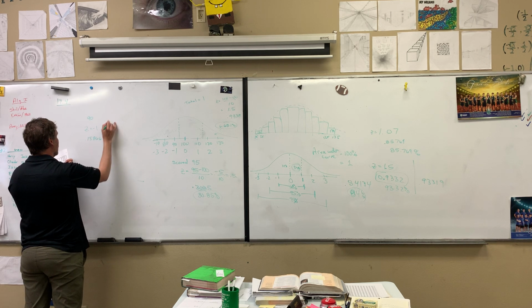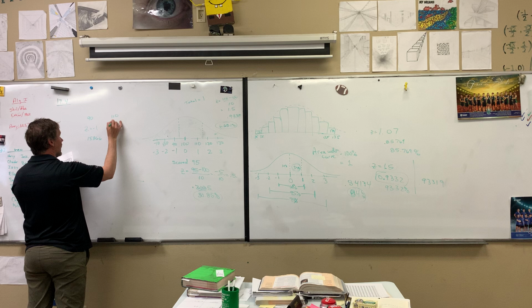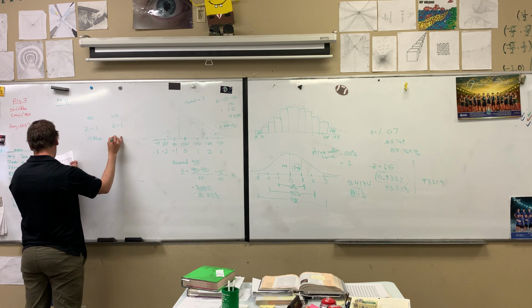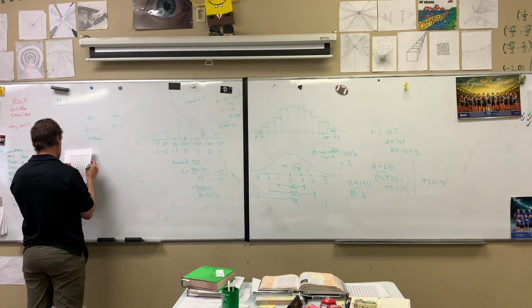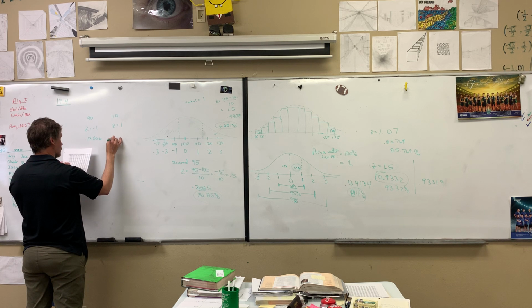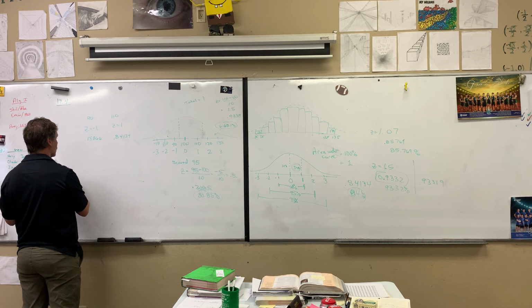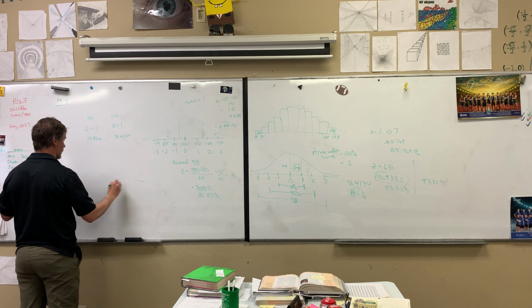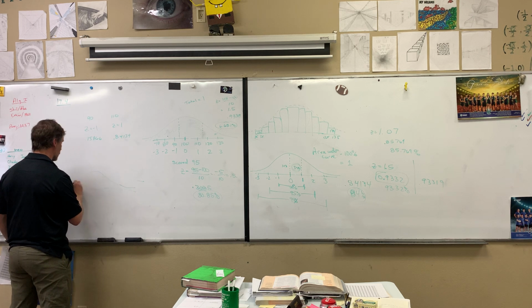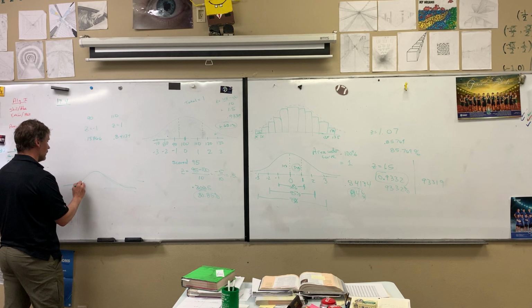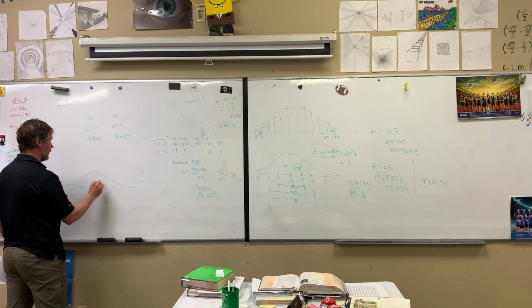And then your z-score of 110 is 1, and that's going to be 0.84134. So what that tells you is, if you're looking at your curve like this, up to here is 0.15866, and then all the way up to here, all of that area is 0.84134.